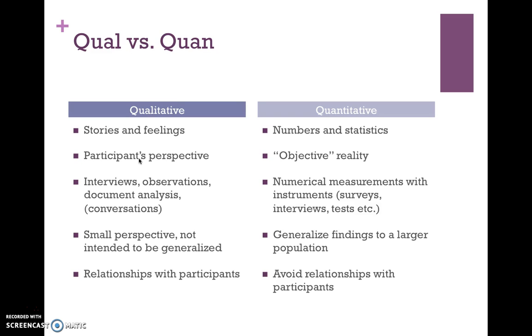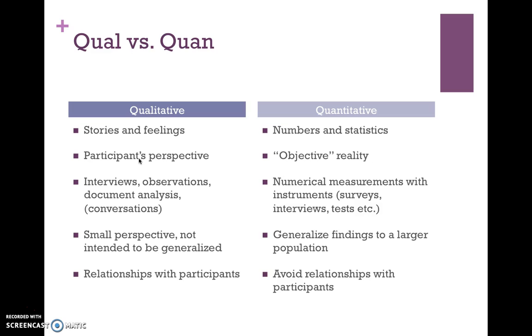And then as we look at moving from quantitative to qualitative research, these are some of the differences. Qualitative research is going to be about stories and feelings, and quantitative research is about numbers and statistics. That's what we've talked about so far.